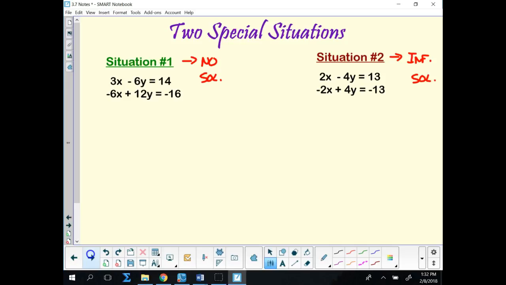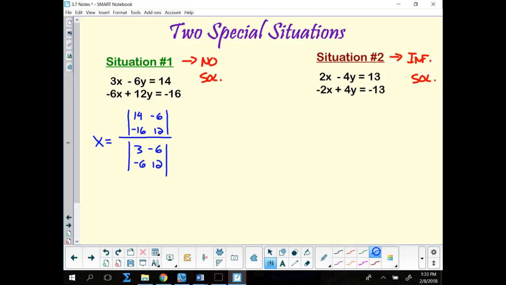Okay? So if I set up here my x equals Cramer's rule, 3, -6, -6, and 12, and then I set up my 14, -6, -16, and positive 12 one there.